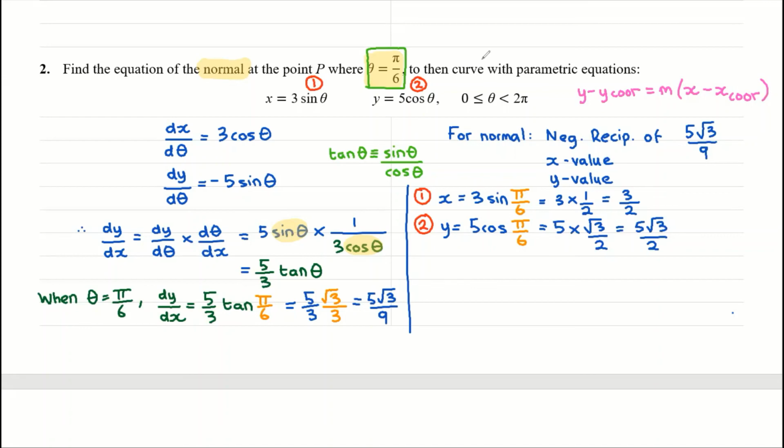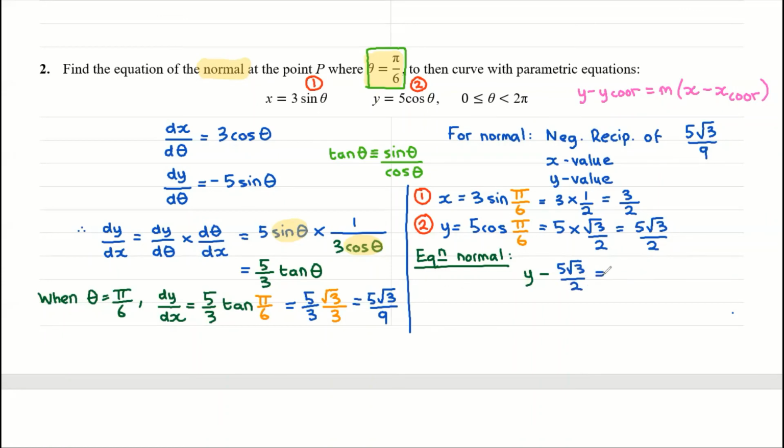Right, so for the equation of the normal, it's my shorthand for equation. So we're going to have y, subtract the y coordinate, which is, of course, 5 root 3 over 2, is equal to the gradient.